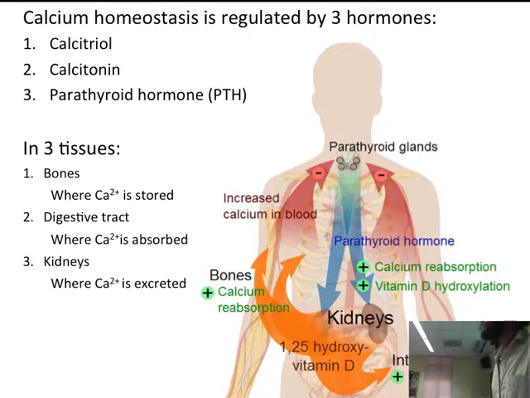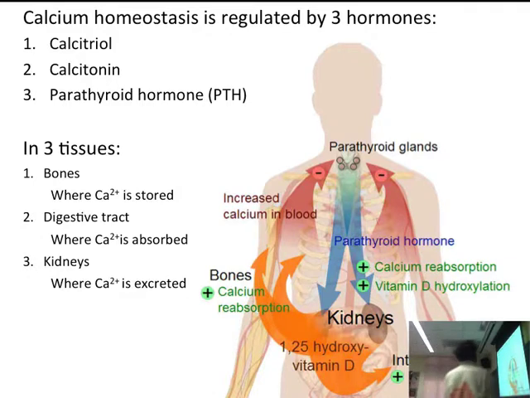All right. So in the last 10 minutes here, I'm going to go through calcium homeostasis. It's controlled by 3 hormones: calcitriol, calcitonin, and parathyroid hormone.